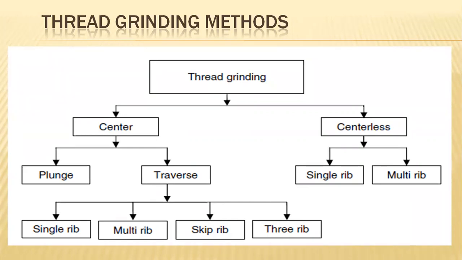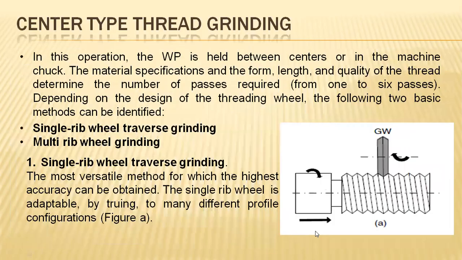Regarding the centerless grinding process, we have the single rib process and multi-rib process, nothing but utilizing the tools in a single strategy and multi-rib strategy. And towards the center strategy, there is a plunge mode and traverse mode. Traverse mode is again subclassified into single rib, multi-rib, skip rib, and three-rib process. We'll be looking at them one by one.